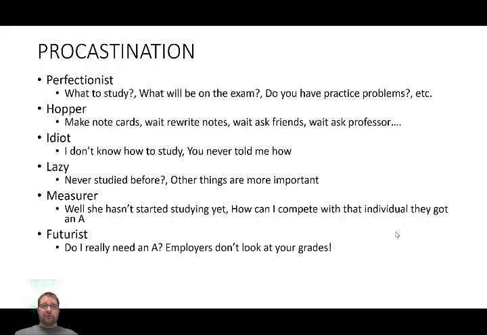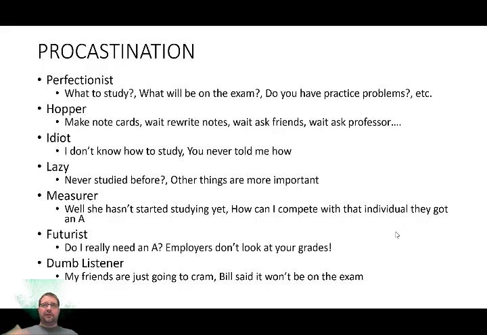No, but if you want to go to another college, they do look at your grades. If you want to get scholarships, they do look at your grades. If you want to not have to pay for college in the future, they do look at your grades. And then the dumb listener is just like, oh, well, my friend's going to cram, so might as well cram with my friend.